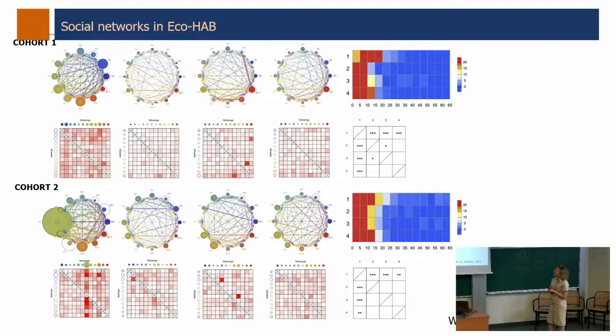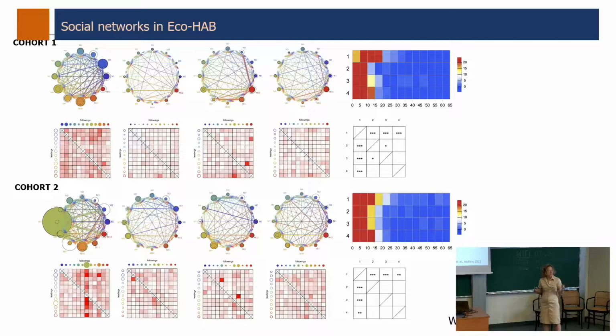We also looked at the correlation of this following behavior with classical tests of social dominance, and we know that the super followers, the ones that follow others most, like the one here, or the one here, are the dominant animals. And the ones that follow others least are the submissive ones. So there is a correlation with the social hierarchy.